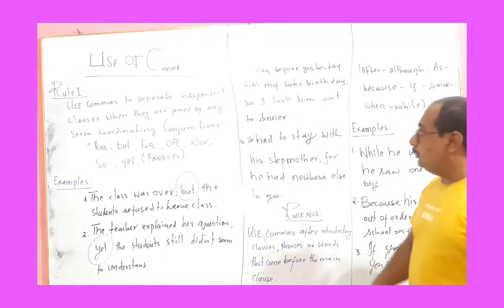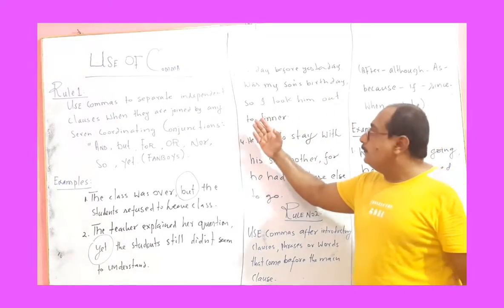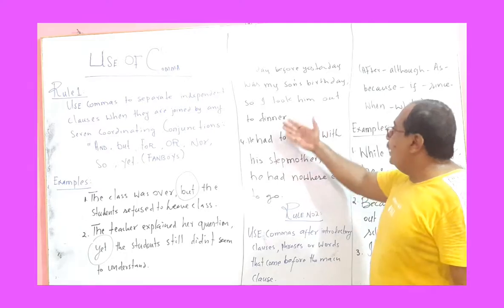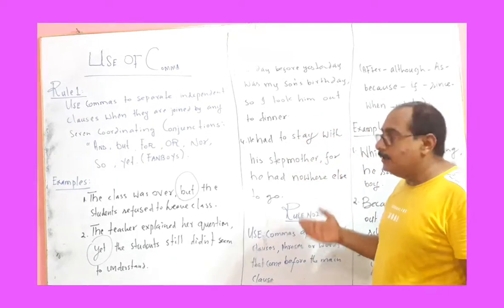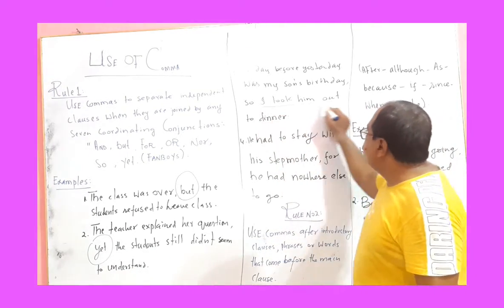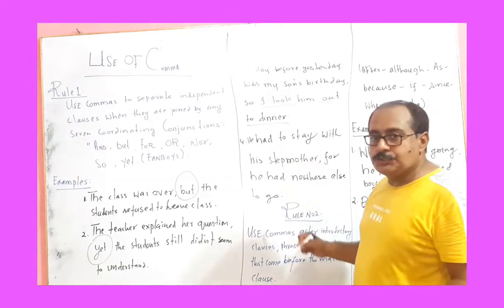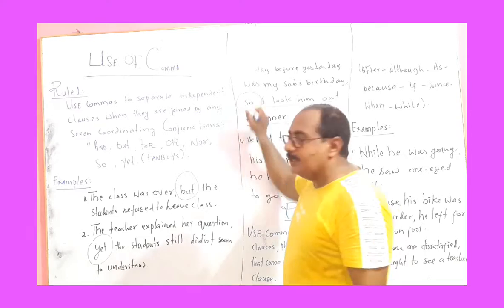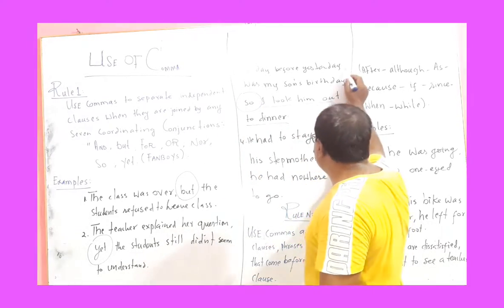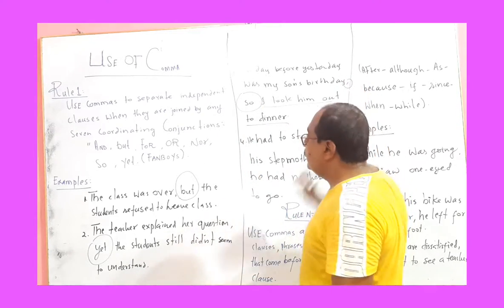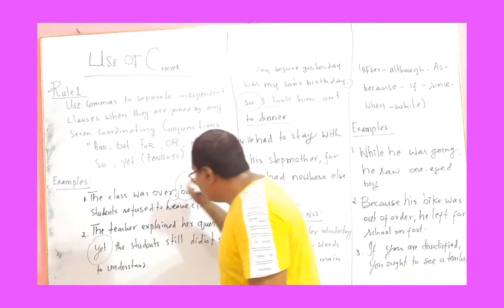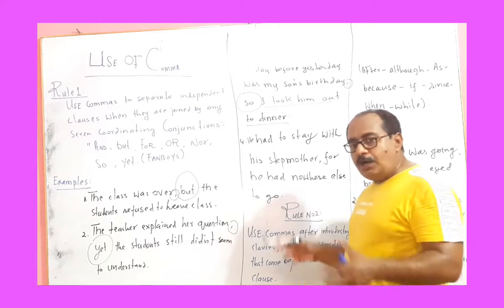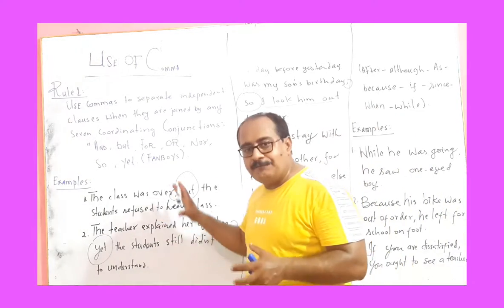Third example, the day before yesterday was my son's birthday, so I took him out to dinner. Again, I took him out to dinner is an independent clause. Separating it, we are using so here, and a comma again. So when a comma will be used, these words you have to keep in mind.